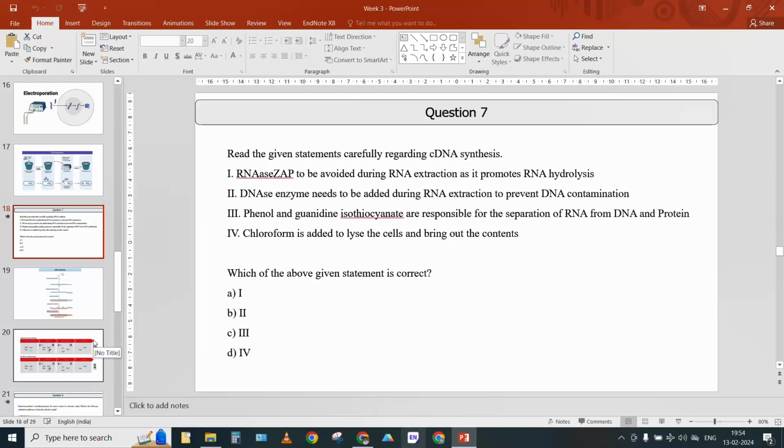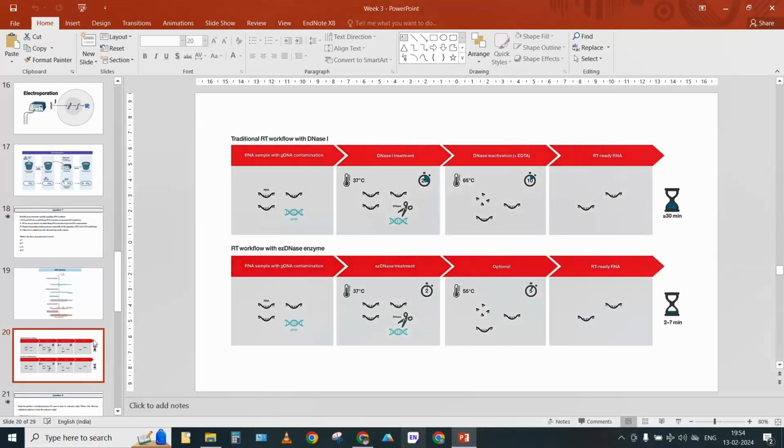Coming directly to statement 2, what is the reason behind it? During RNA extraction, the addition of DNase enzyme is a crucial step to prevent contamination from genomic DNA. This is particularly important because the presence of genomic DNA in an RNA sample can lead to inaccurate interpretations of gene expression levels.